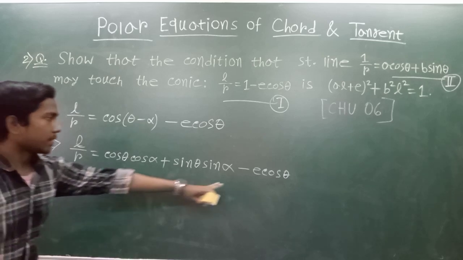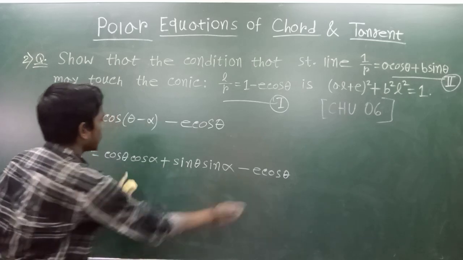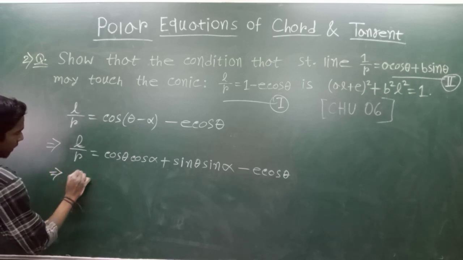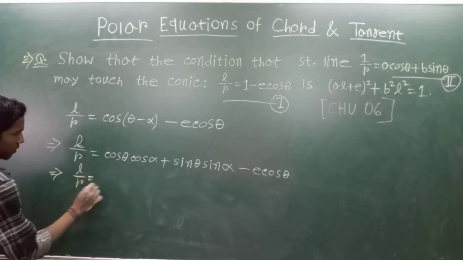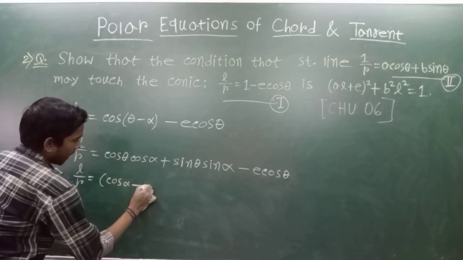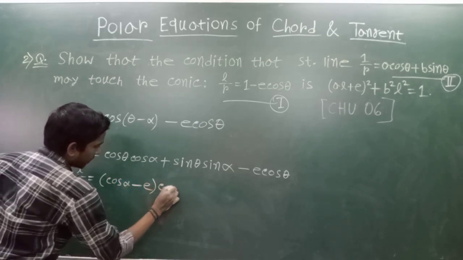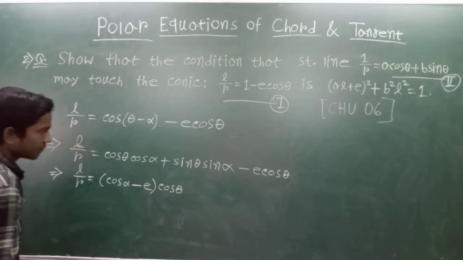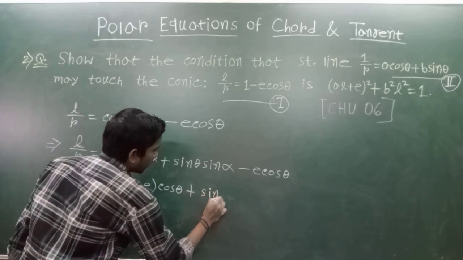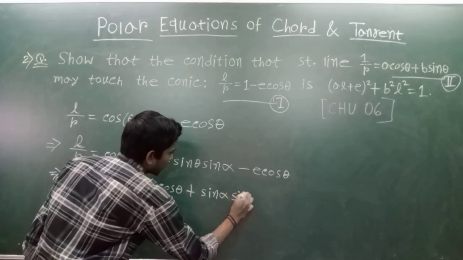Now take cos theta common from these two terms and you will obtain L by R is equal to cos alpha minus E into cos theta plus sin alpha into sin theta.